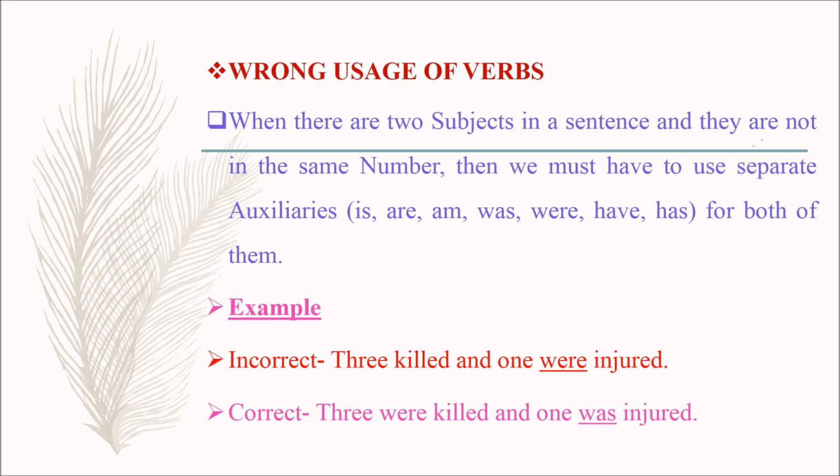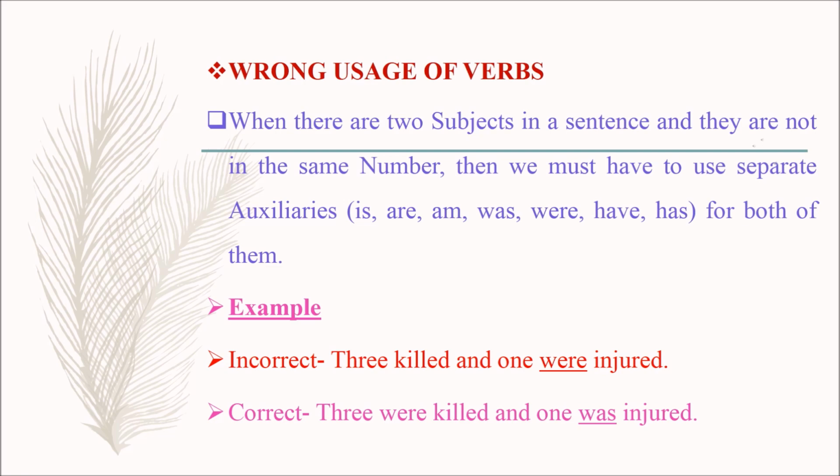Next, we are going to see wrong usage of verbs. The rule is: when there are two subjects in a sentence and they are not in the same number, then we must use separate auxiliaries like is, are, am, was, were, have, has for both of them.